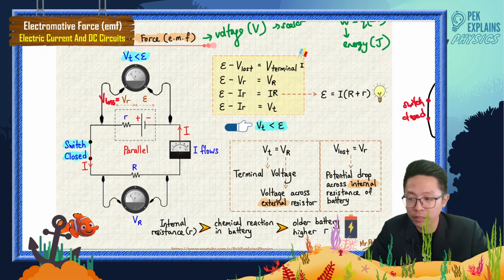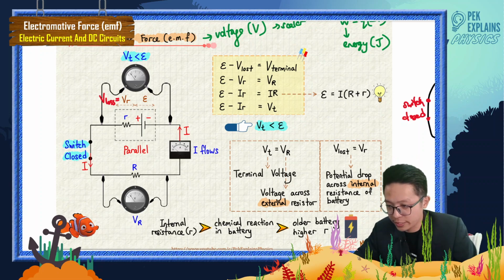Yeah, the terminal voltage. And now I further derive: this voltage loss is VR. And then you see this terminal voltage, which is this voltmeter reading across the terminal of the battery, is actually the same as the voltage across the external resistor. Do you see that? Let me draw it for you.